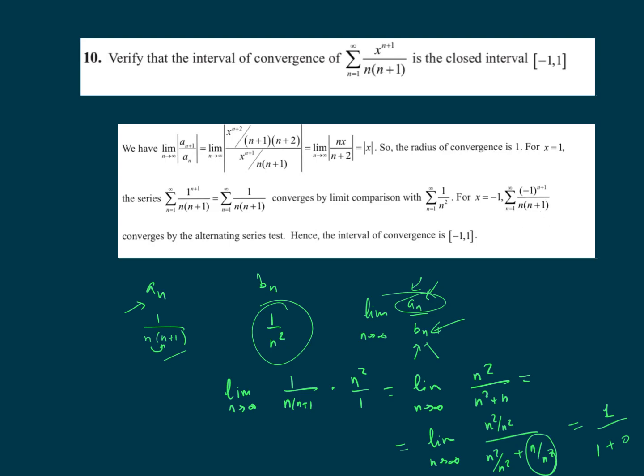This is an alternating series that converges. It converges because a sub n plus 1 is smaller than a sub n, and because the limit when n goes to infinity of a sub n goes to 0. These are the two conditions for an alternating series to converge.